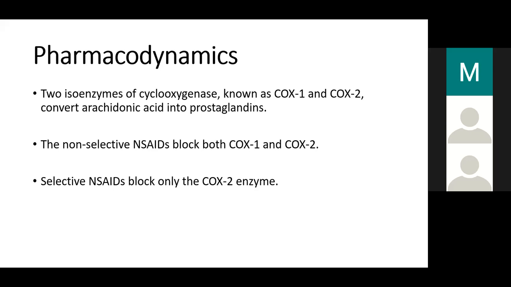We've learned that prostaglandins have a key role in inflammation. So these NSAIDs block the cyclooxygenase 1 and 2, which are involved in the conversion of the arachidonic acid to prostaglandins. So once they inhibit these enzymes, it means that the prostaglandin will not be produced, and therefore there will be no inflammation.